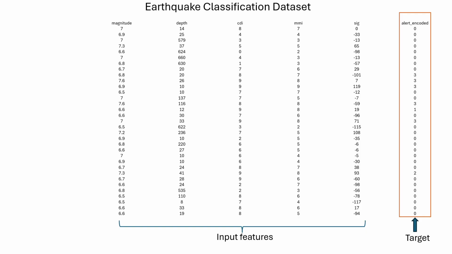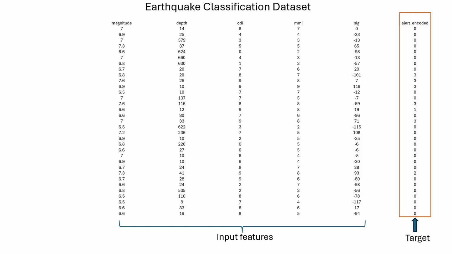It contains 1,300 records and 6 total columns, 5 numerical features, and 1 categorical target. Each row represents one earthquake, describing its physical characteristics such as magnitude and depth, along with its reported intensity through the CDI and MMI features. The significance score SIG summarizes the overall impact.